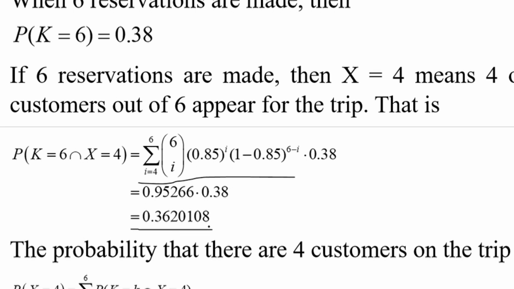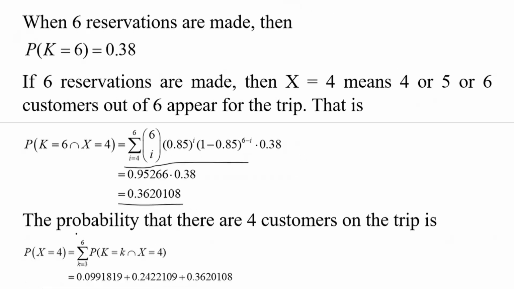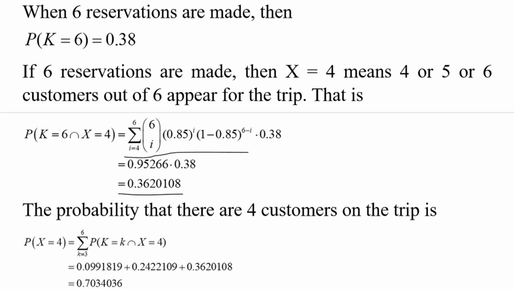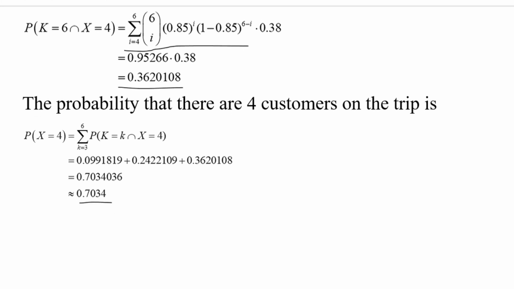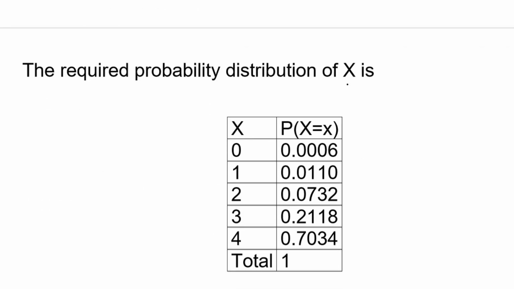So the required probability is this one. So the probability that there are 4 customers on the trip is this one. Summarizing all the results into a table, the required probability distribution of x is this one.